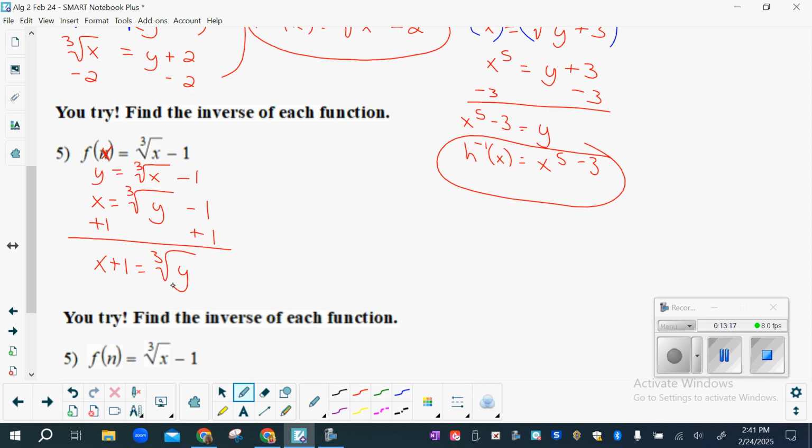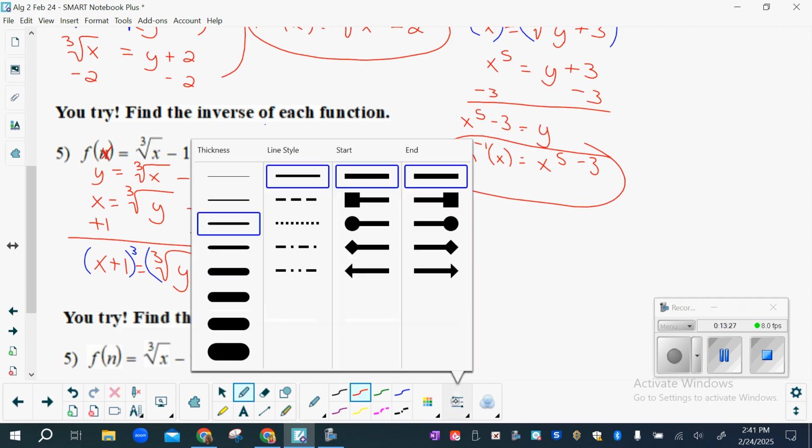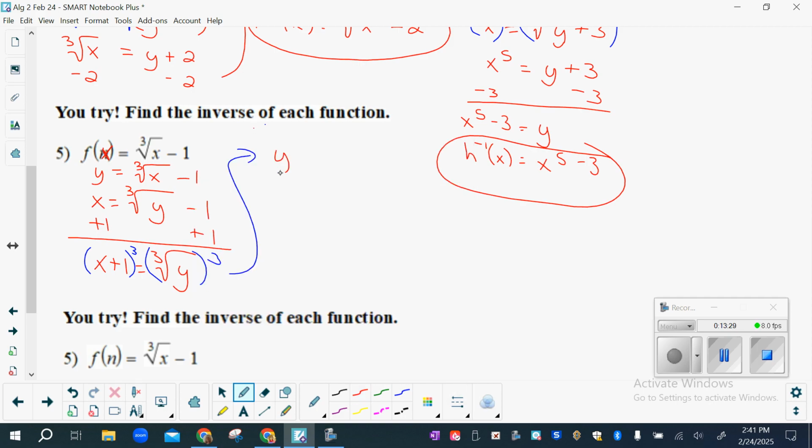So now to undo that, you're going to cube both sides. And then we don't need to do anything to that. We'll leave it as x plus 1 to the third. We're not going to simplify it. No reason to do that extra work.